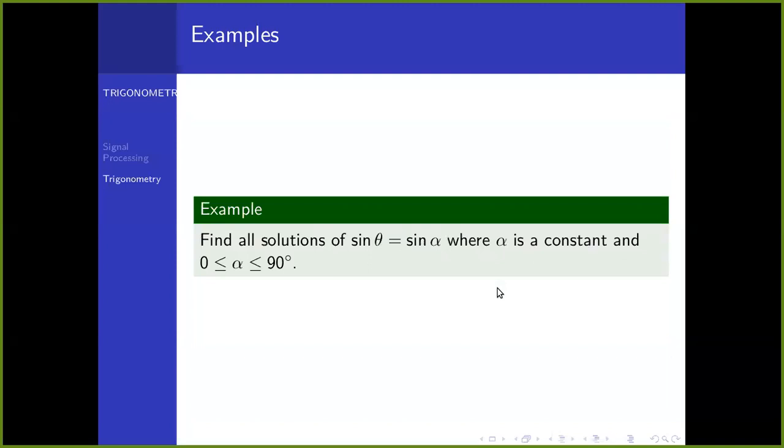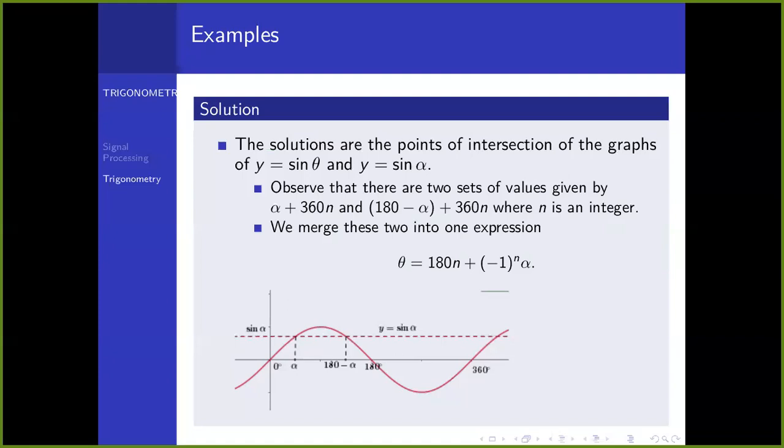So this one says find all the solutions of sine theta equals sine alpha, where alpha is a constant, and we want alpha to be acute. So alpha is a fixed number.